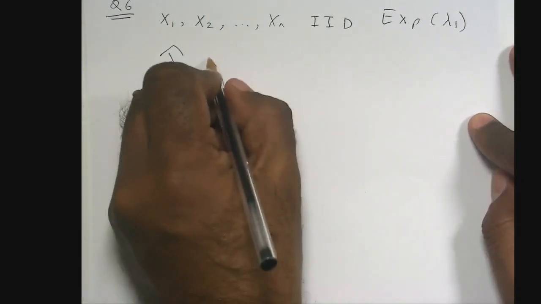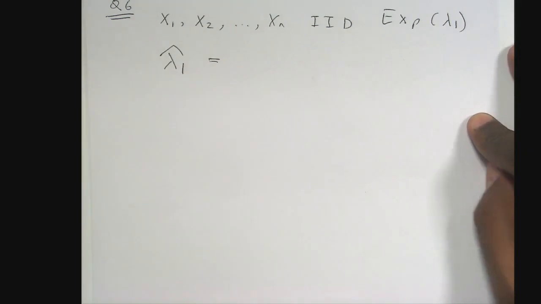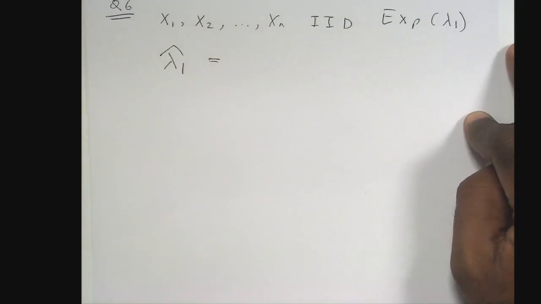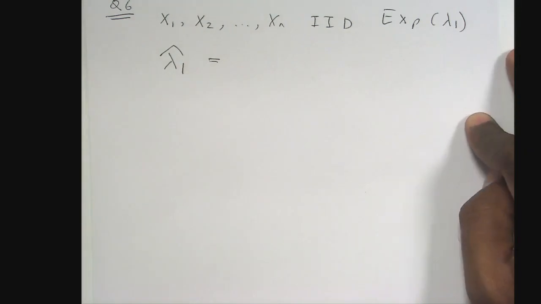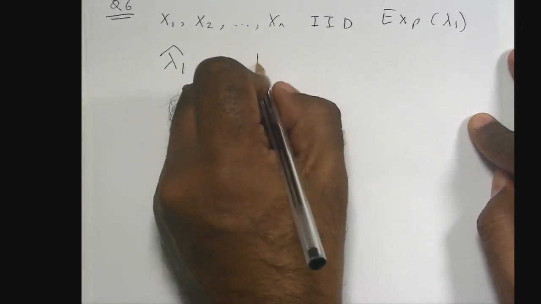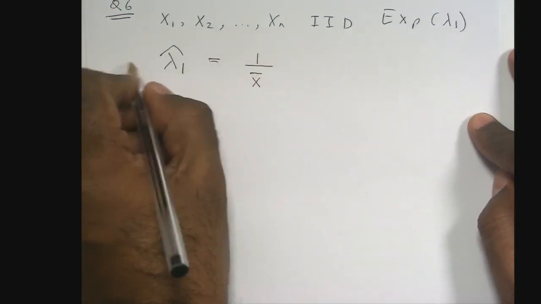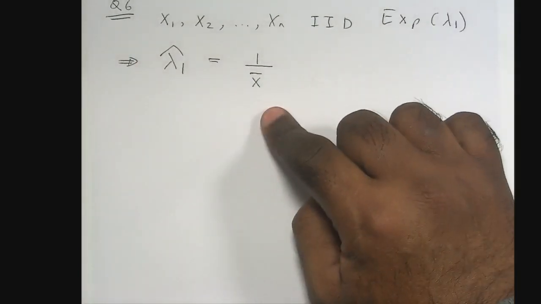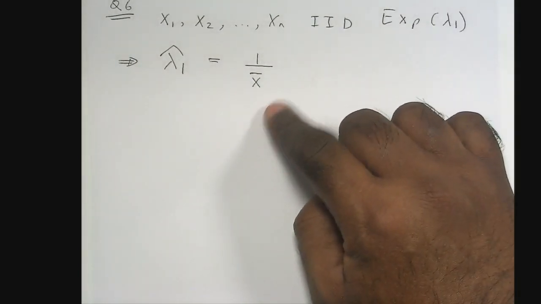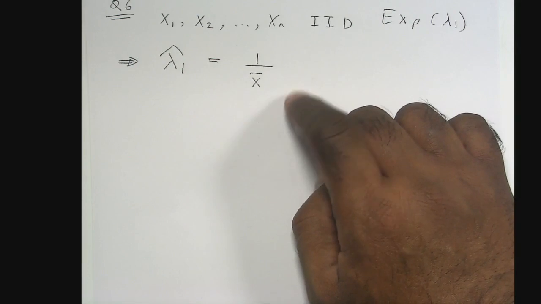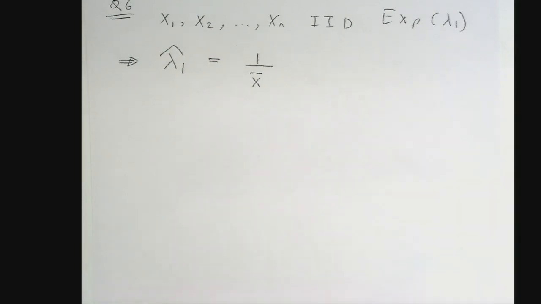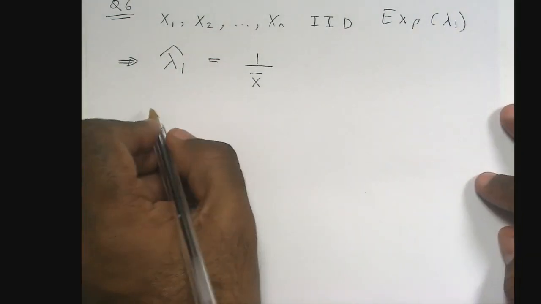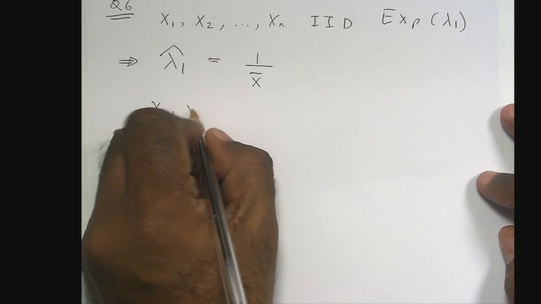You may remember that the MLE for the lambda parameter of the exponential distribution is 1 divided by the sample mean. So in this case, this is 1 divided by x bar. Do you guys remember this result? Yes.